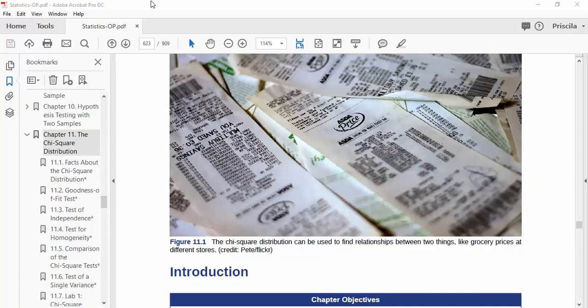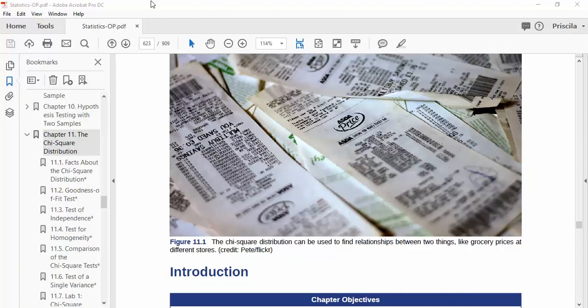So there's what you expect and what you actually observe. That's what the chi-square is going to help you show: if the perception you have, what you expect, is really supported by what you observe, and vice versa.